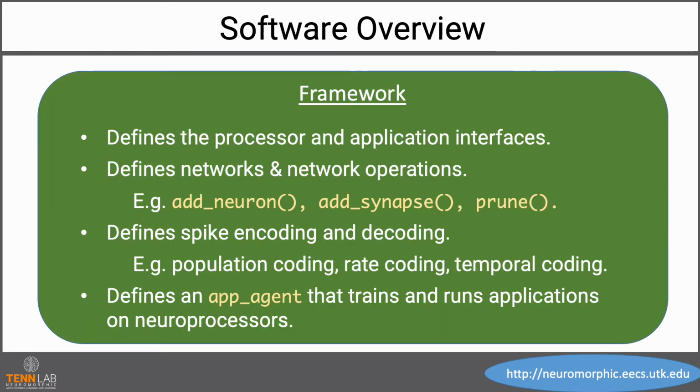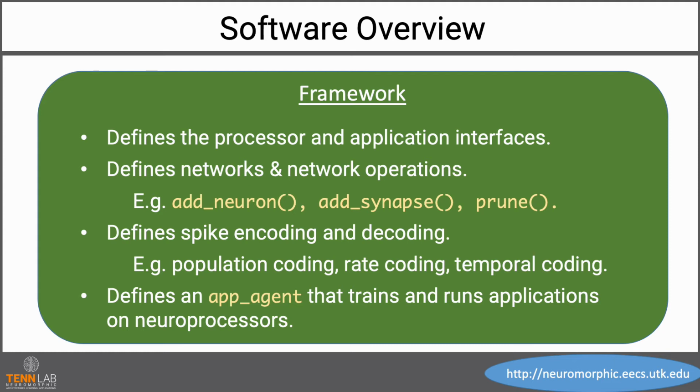The framework itself is the central glue of our software. As I said previously, it defines the processor and application interfaces, and then it also defines various methods or procedures that you can call on various parts of the framework.